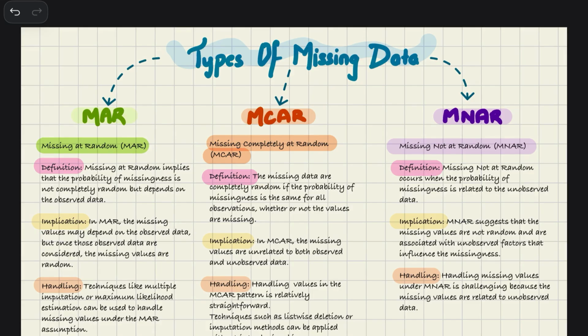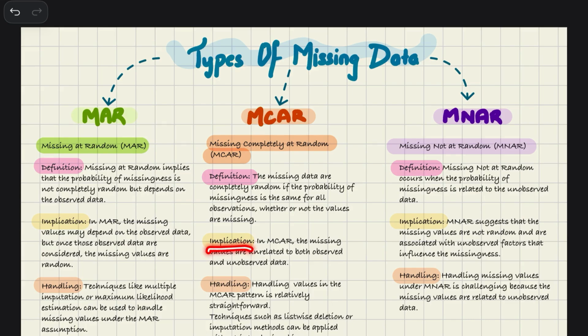For example, a lab assistant accidentally drops a test tube, spilling random blood samples, or a wireless network glitch drops a single sensor data packet. These examples show that we are missing the data by accident.